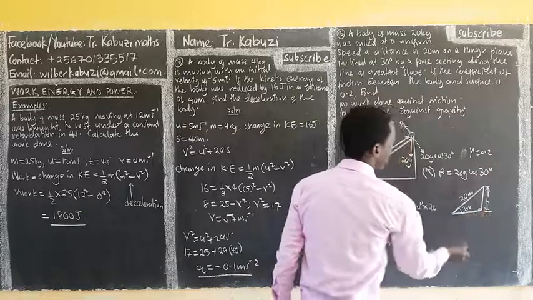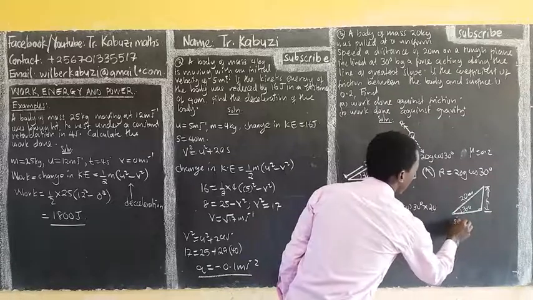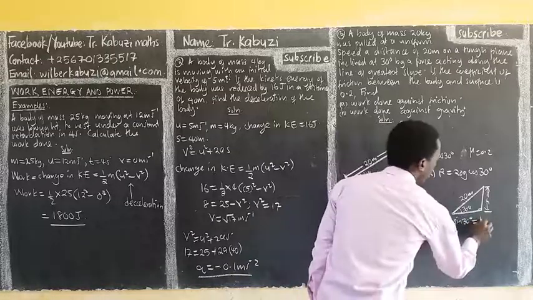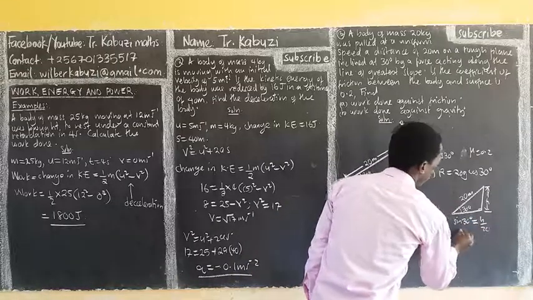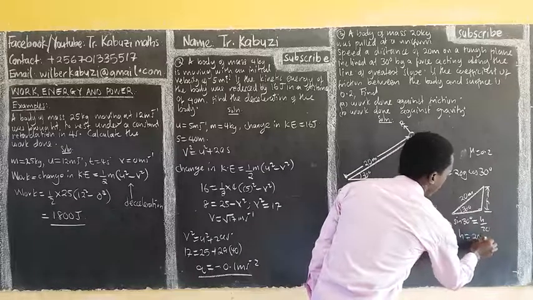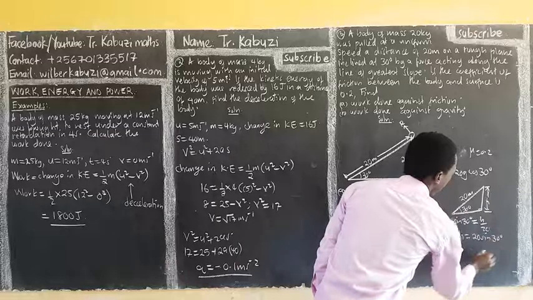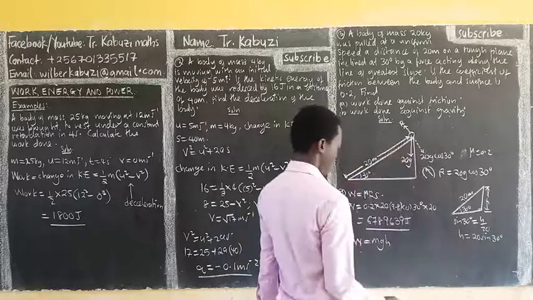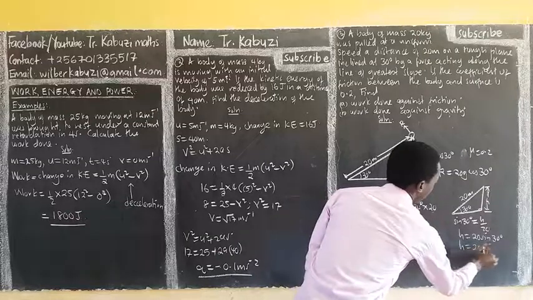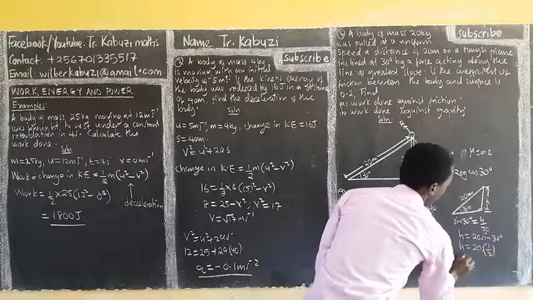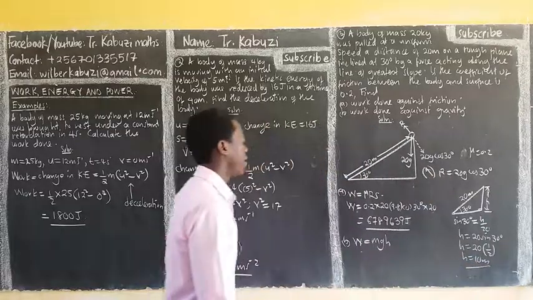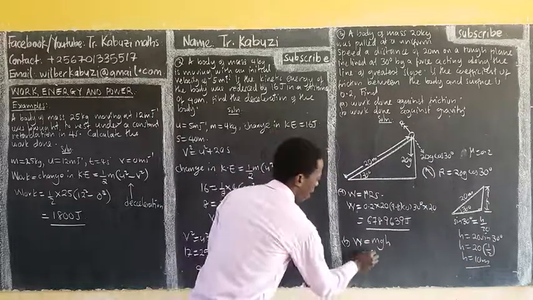So I can say that sine 30 degrees is equal to the opposite over 20. From there my height is going to be 20 sine 30 degrees. Sine 30 degrees is a half, so our h will be 20 into a half. Our height will be 10 meters. After having that, we substitute in here.